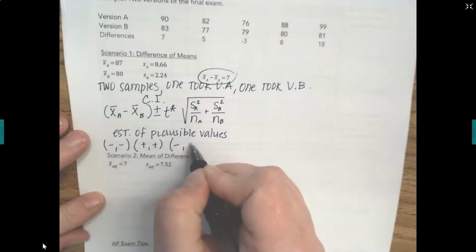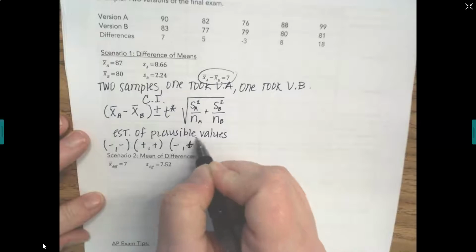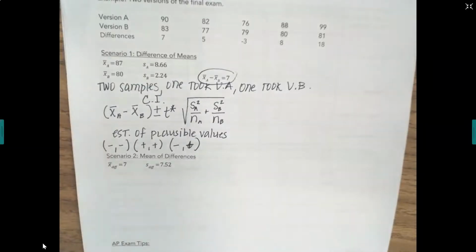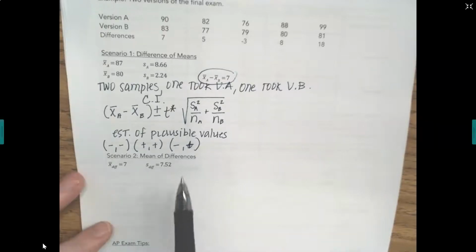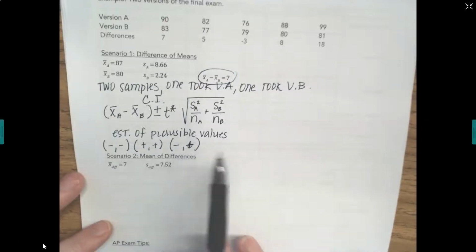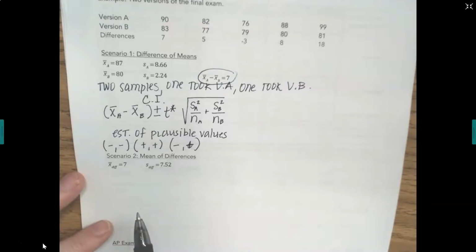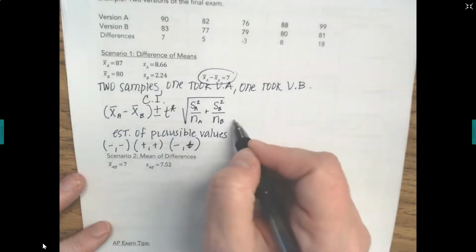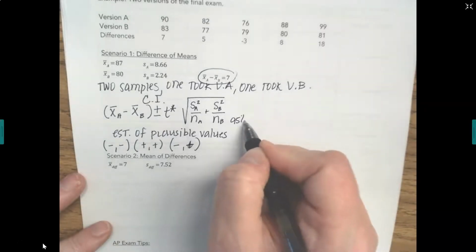The third option we could have is negative to positive. And so negative to positive would mean you don't know for sure because 0 is a plausible value. And remember when we're talking about is this convincing evidence and we say 0 is in the interval, you would want to follow that up with a reference to the alpha. We don't say what kind of confidence interval we would have, but say I asked for a 95% confidence interval.